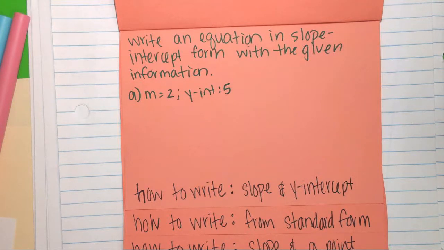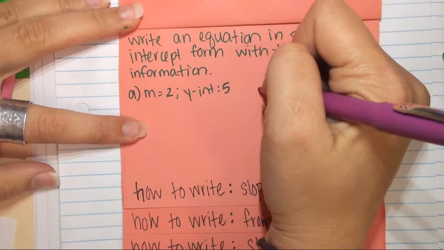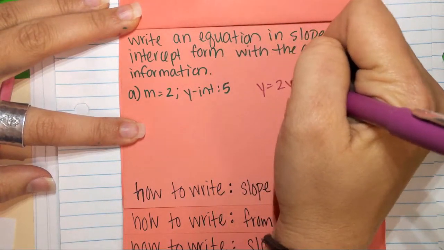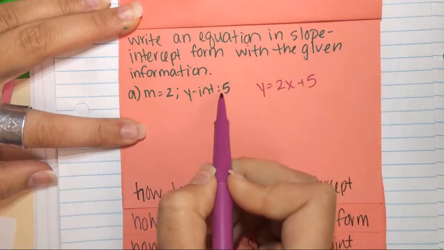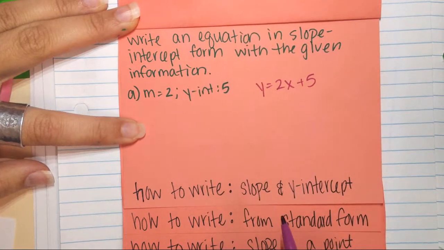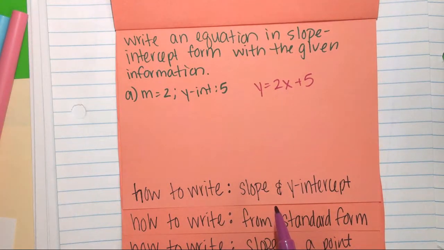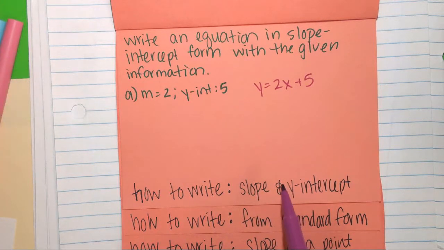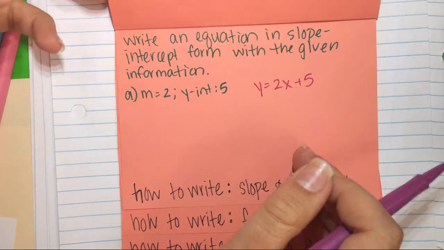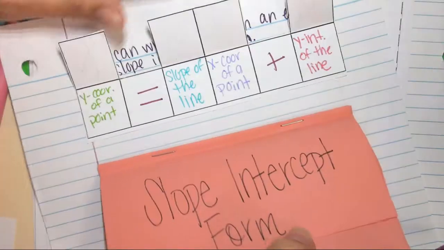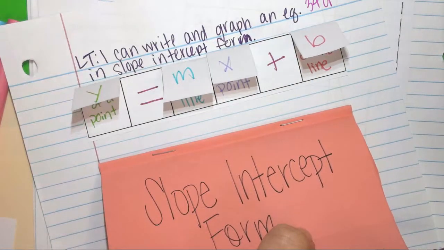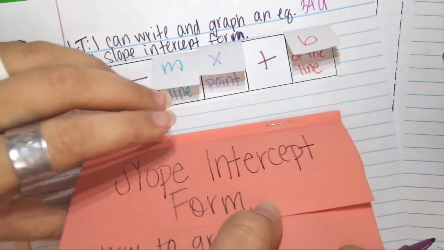All you would do is you would plug that information into y equals mx plus b. So you would say y equals 2x plus 5. Why did I not plug 5 in for my y? Because it's the intercept and not the point. And if you forget where these go, didn't we make a flappy that tells us?